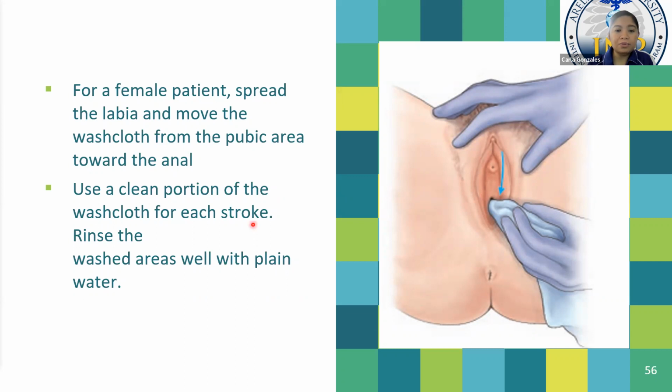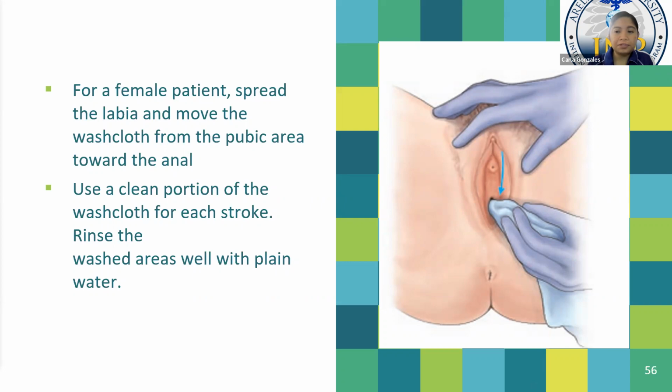Use a clean portion of the washcloth for each stroke, and then rinse the washed area with plain water. So one stroke going down, and then you can use the other side of the washcloth, or if you have a new one, use the new washcloth. Make sure that you also cover the groin.